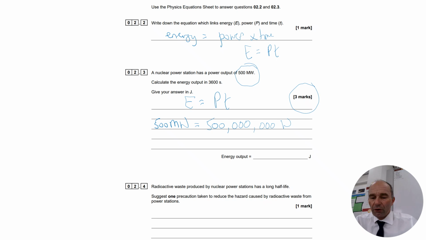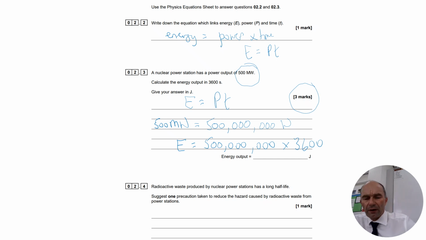And then put your numbers into the formula. E equals our 500 million times 3,600. Right, plug those numbers into your calculator.